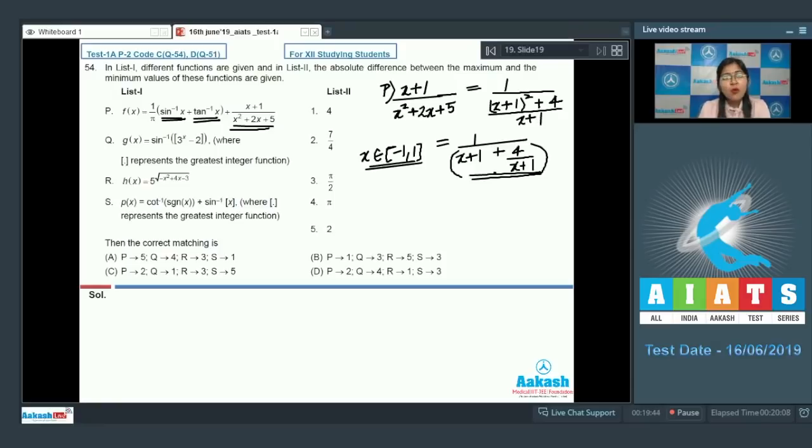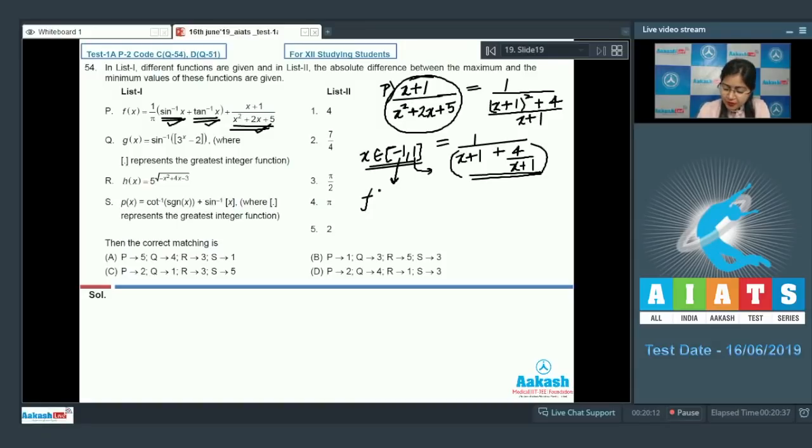As we have mod x less than 1, it can be seen that the denominator part is a decreasing function, right? So we can say that (x plus 1) divided by (x square plus 2x plus 5) will be an increasing function. So as these three are increasing functions, the minimum value will be obtained at x equal to minus 1 and the maximum value at x equal to 1, right?